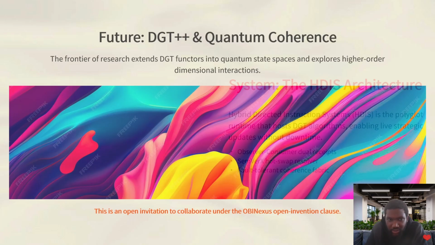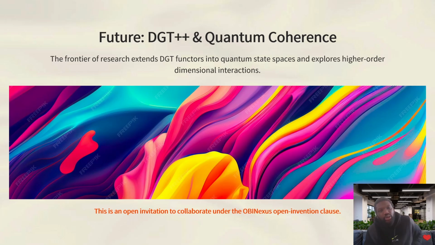Now, future DGT plus quantum coherence. The frontier of the research extent of DGT functions into quantum states supports higher order dimensional interactions. What does that mean? Quantum coherence is the model of the system being like a plasma coherent system. How can a quantum system be stable when analytically modeled with dimensional game theory?